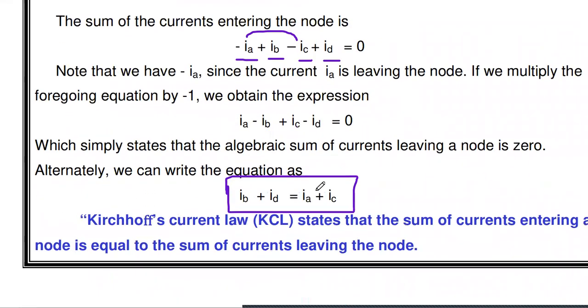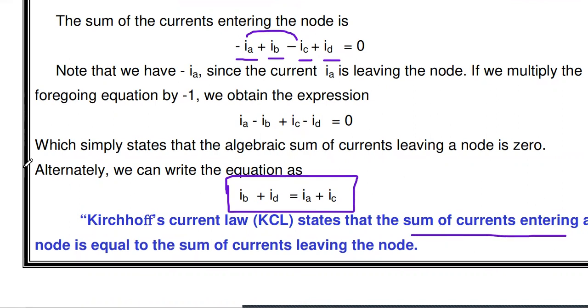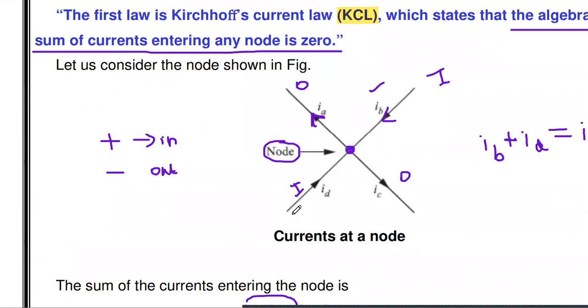According to this equation, Kirchhoff's current law is alternatively defined as the sum of current entering a node is equal to the sum of current leaving a node. What is current entering a node? Incoming current. What is current leaving a node? Outgoing current. So the sum of incoming current is equal to the sum of outgoing current. This is said to be the KCL.